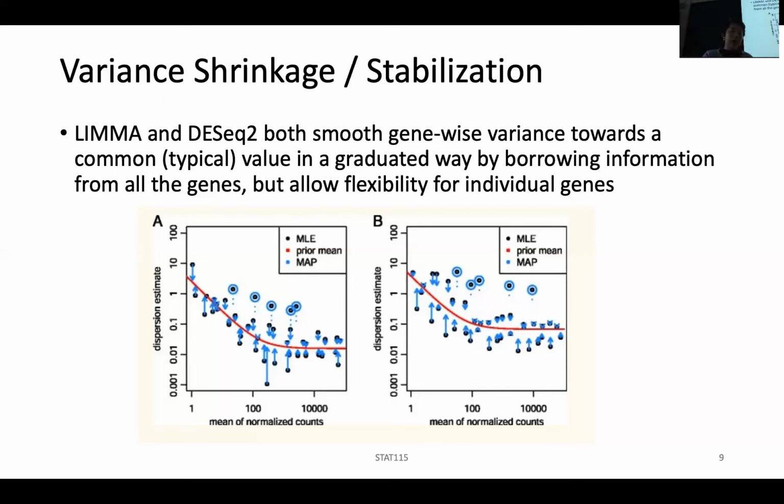The level of correction depends on a few different things. One is the actual expression level, because you can see here, depending on the expression level, your correction is different. Also, how much is this gene varying between the different samples in this experiment? And third, how many replicates do you really have to estimate this variance?